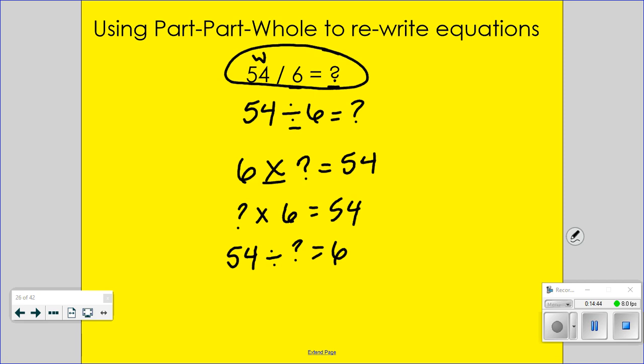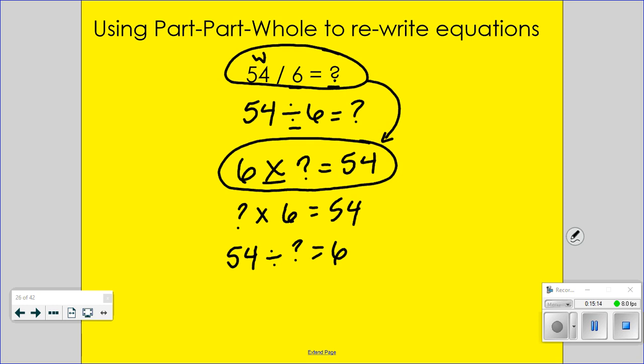But you know that you're a good multiplier, and you know that looking at it like this is easier for your brain. Could you do that? Yes, you can. Sometimes the equations that we write aren't the easiest for our brain to figure out. But if we know that we can rewrite them using what we know about part whole, that makes it a little easier.